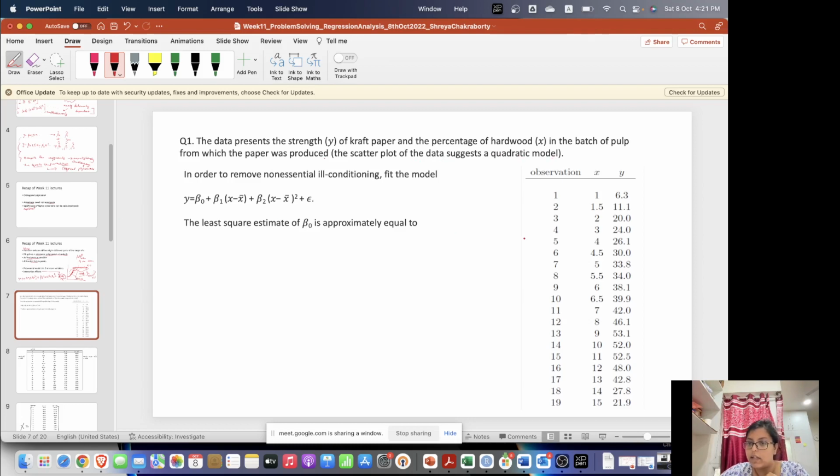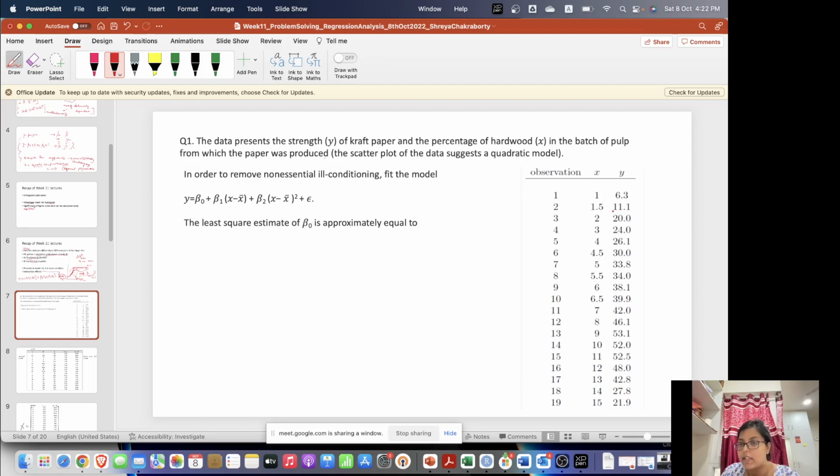On careful observation you can see that as x increases, y is also increasing, but the rate of increase of y is more.